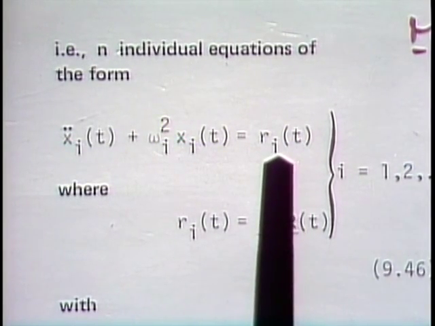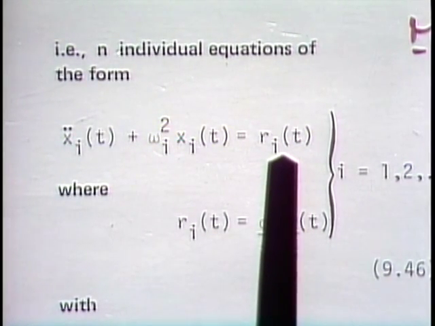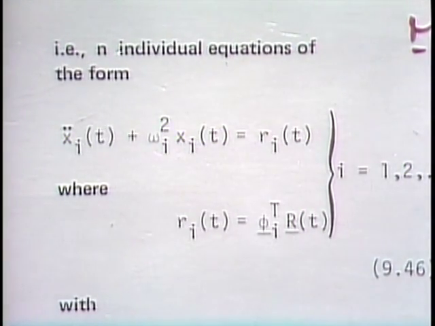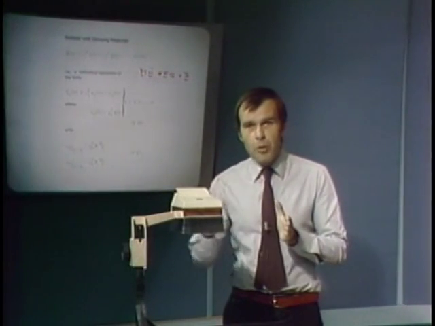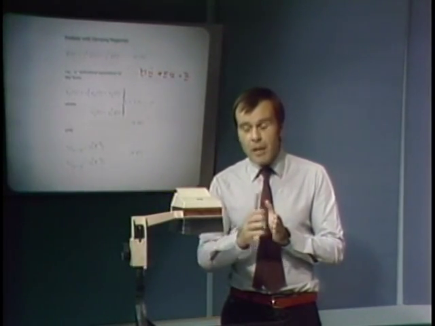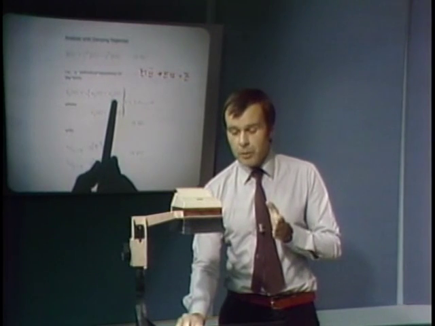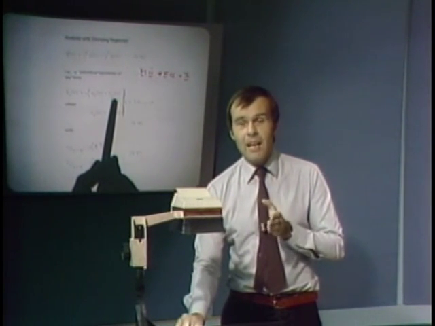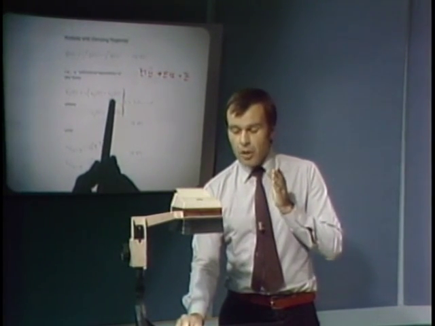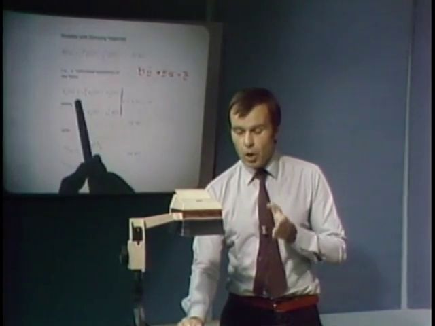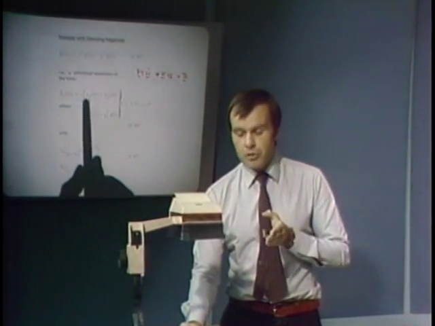Now, I only talked about the p value here. Of course, in an actual analysis, we would find that Ri of t contains a number of frequencies, a spectrum of frequencies. What we have to do is look at the highest frequency that is contained in Ri, and measure that highest frequency on the frequencies of the system.